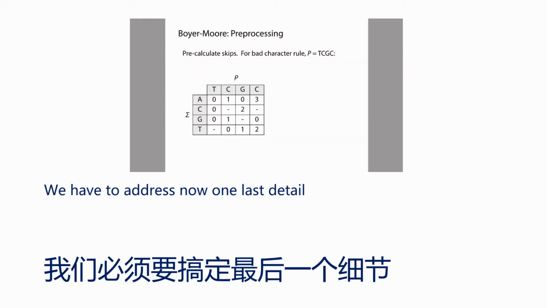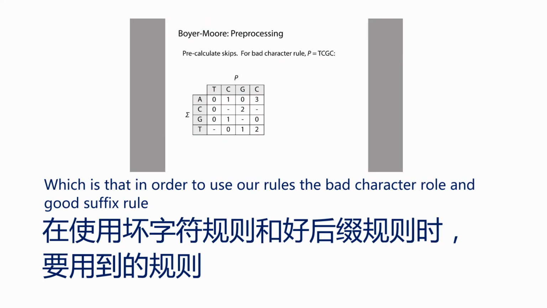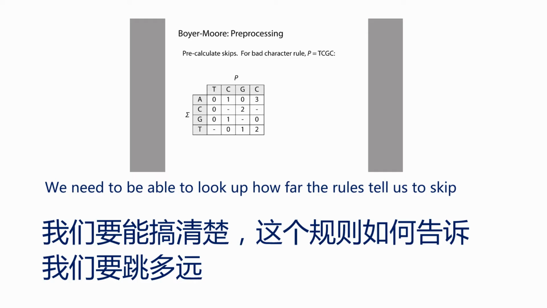We have to address now one last detail, which is that in order to use our rules, the bad character rule and the good suffix rule, we need to be able to look up how far the rules tell us to skip.